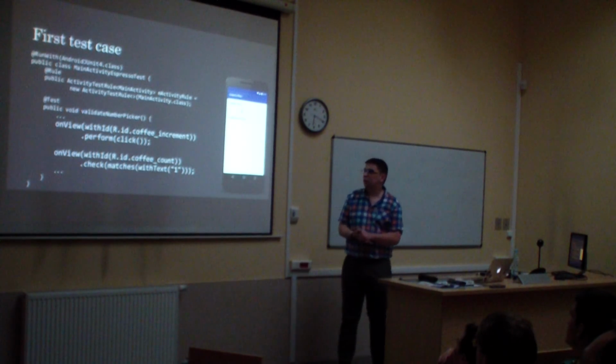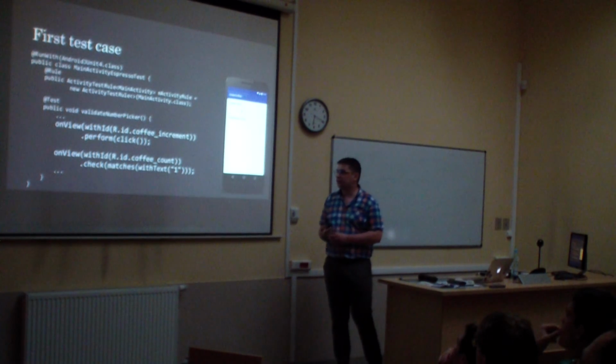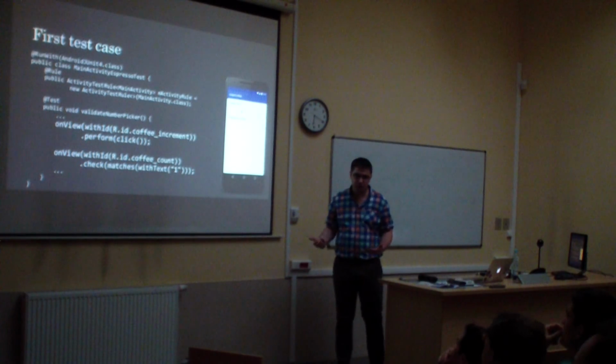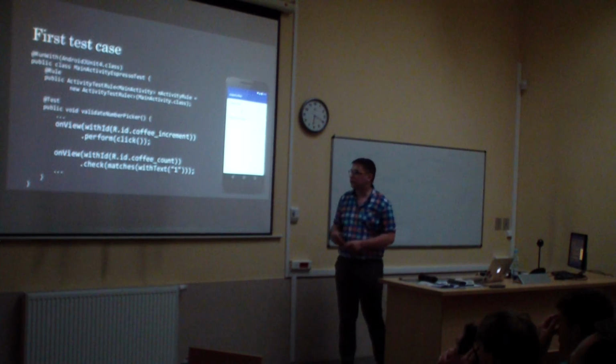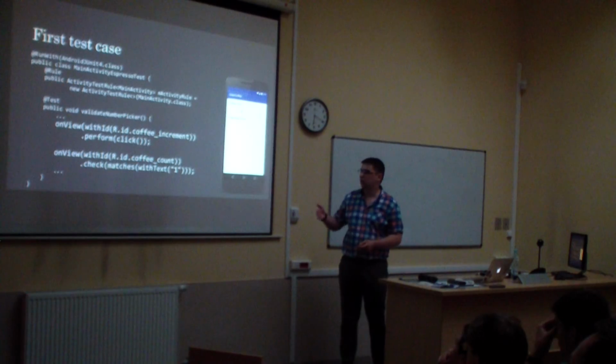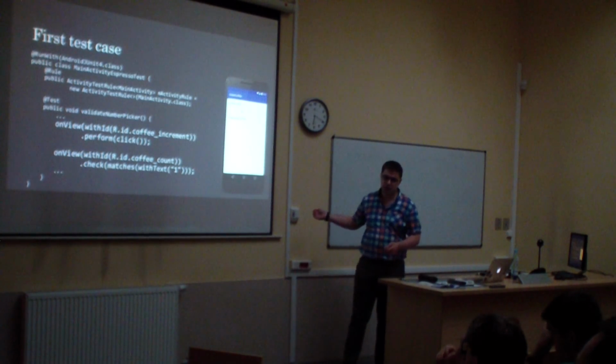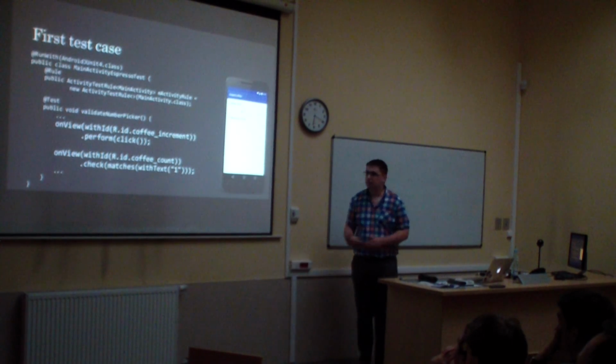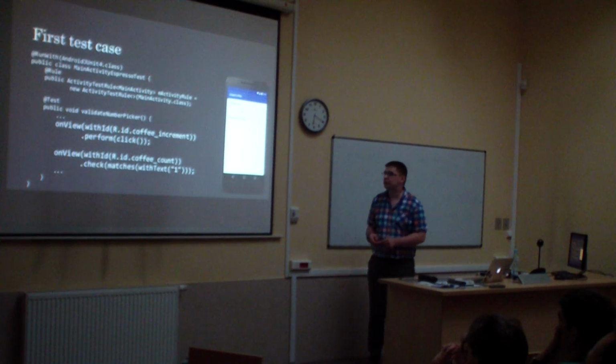As you can see, first of all we find a view using the ID of this view, and after it we use click and verify the text of some view. To my point of view, it's really simple.